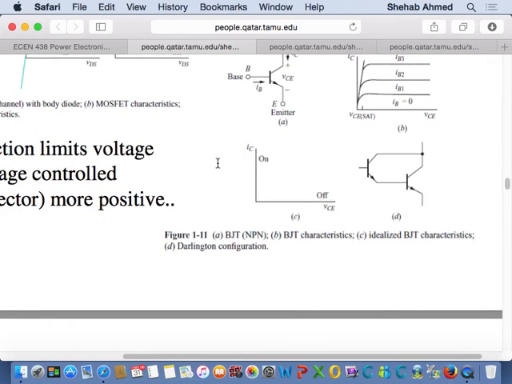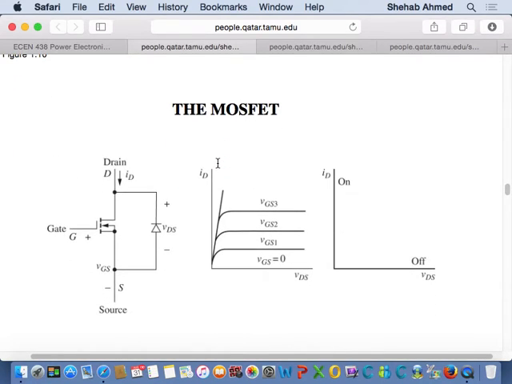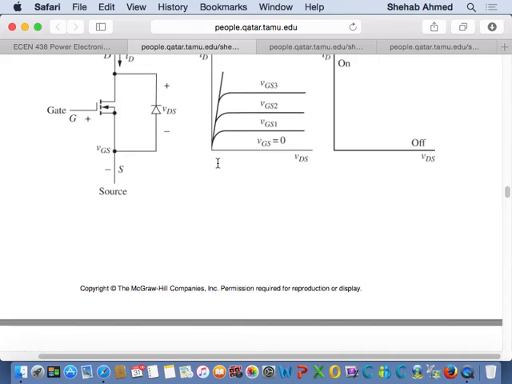So now what else? We talked about the uncontrolled devices, which are the diodes, semi-controlled devices, which is the thyristor, SCR, right? And then fully controlled devices, the transistors, which are the MOSFETs or the BJT device.